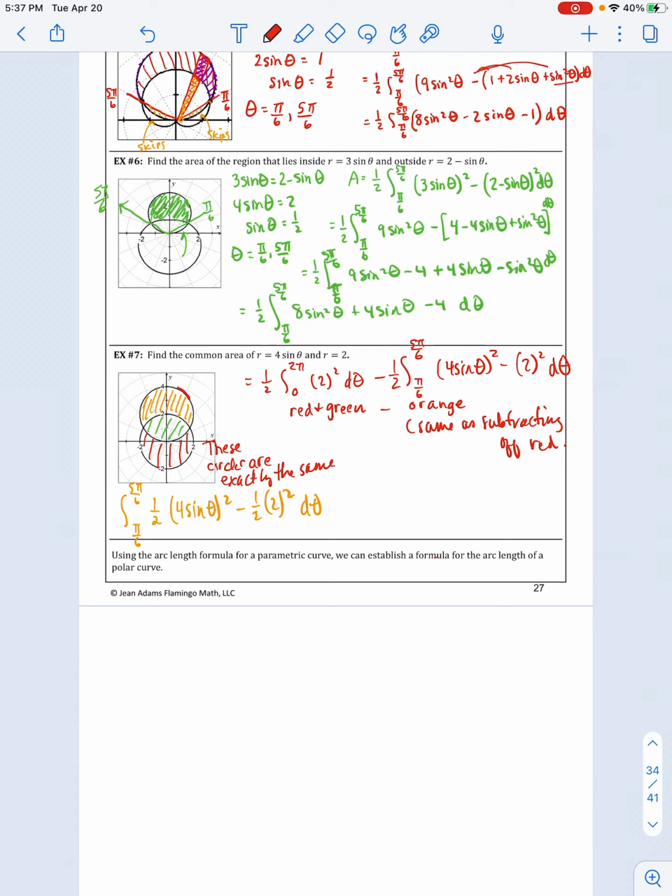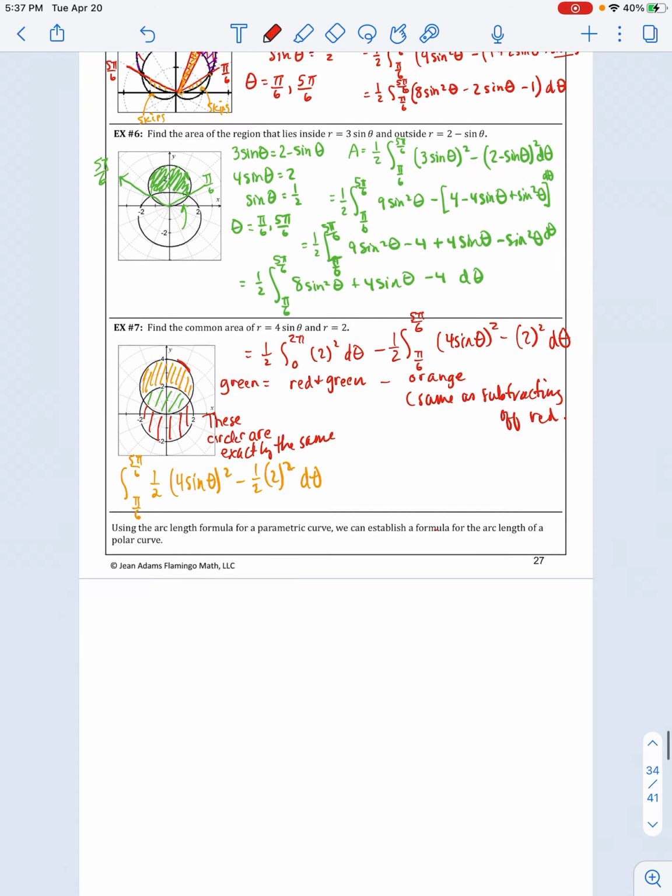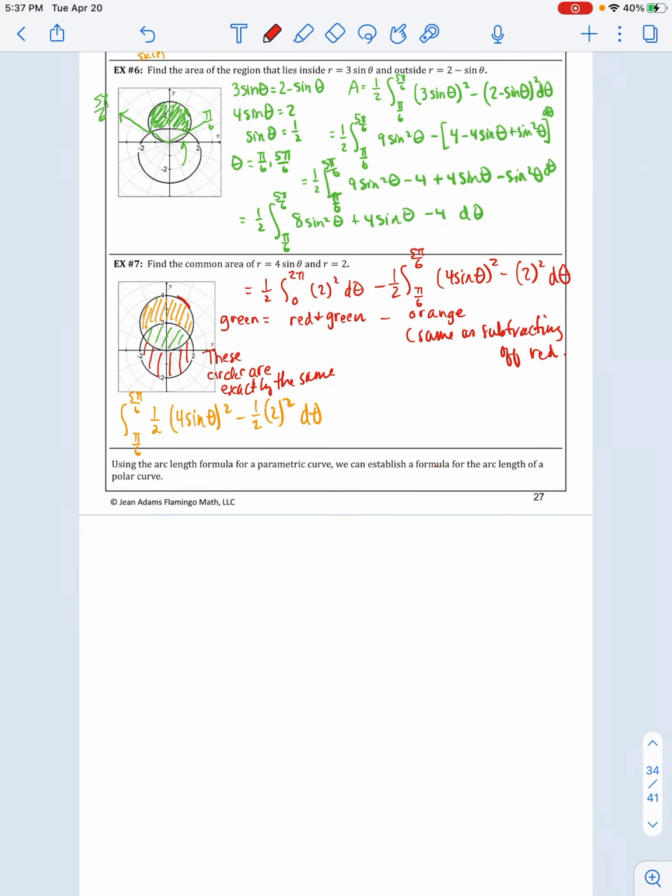So we're basically taking the red and the green, we're subtracting off the orange, which is like the red, and we're left with the green. I hope that makes sense. So that equals the green.